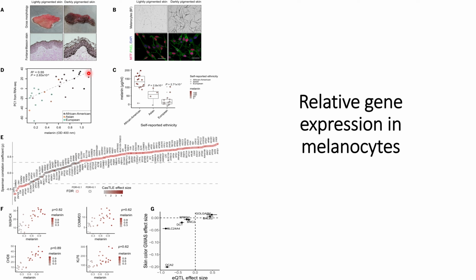pigmented skin. Later on, they did the bioinformatics. In this case, they did the principal component analysis of the RNA-seq data to check the expression of genes that are involved in melanocytes, and then they compared it with the melanin content present in those patients, and they also connected these results with their ancestry information.